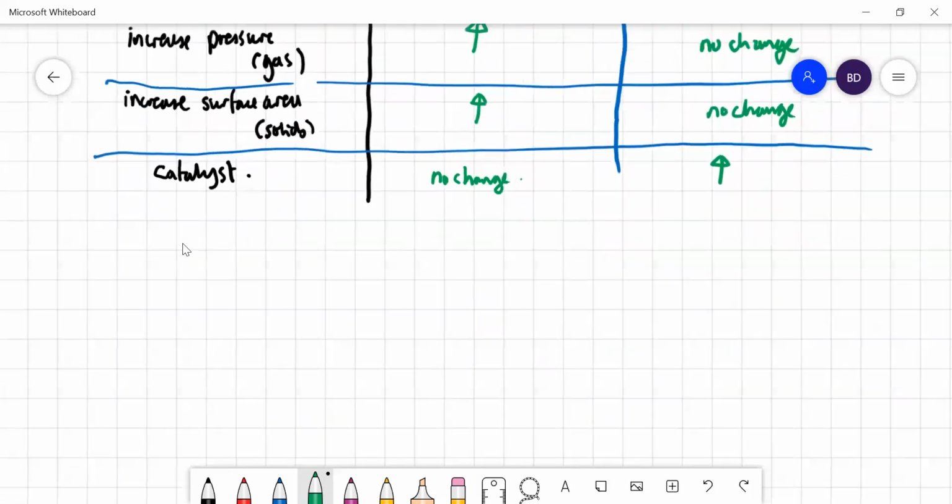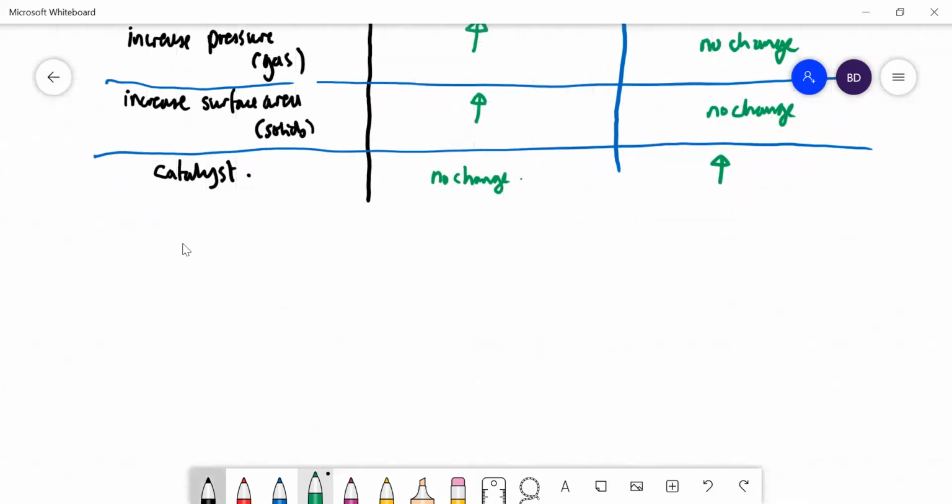It's not worth doing another video on this, because it's going to be a little bit long, but required practical number 3, which is basically a GCSE practical, is you measure the rate of reaction of this reaction.